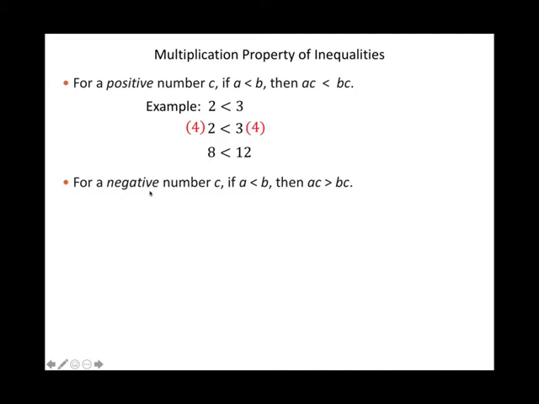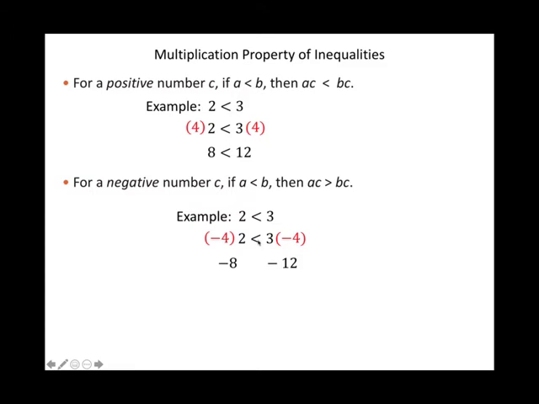However, for a negative number C, if A is less than B, then A times C is greater than B times C. We're going to switch the sign. Look at this example. 2 is less than 3. If we multiply both sides by a negative number, negative 4 times 2 gives negative 8, and this side gives negative 12.